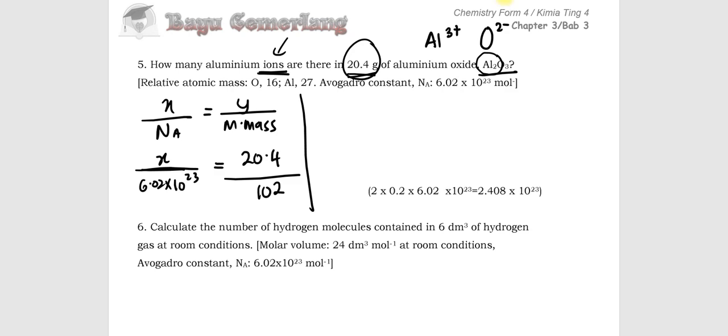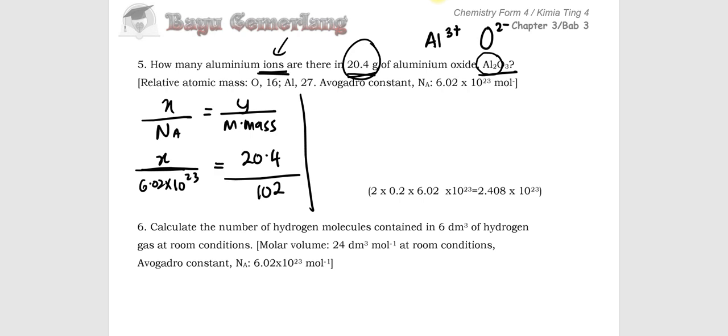Okay. I'm getting the same answer. Yeah, wait for my explanation. So you see aluminium here there are 2, right? How many aluminium atoms? So it's 2 ions. So you need to multiply by 2. You multiply by 2, you will get the answer.